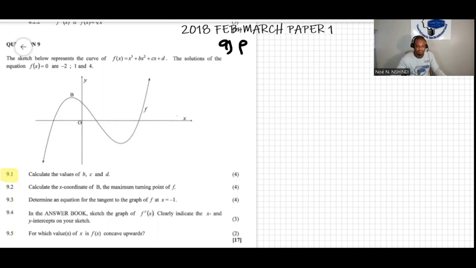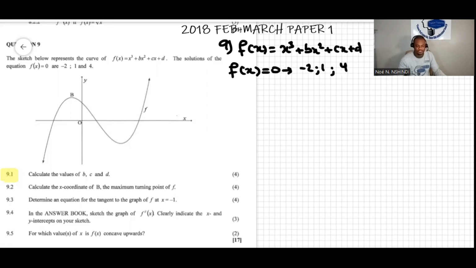Question 9, we have f of x given by x cubed plus bx squared plus cx plus d. And we also have the solutions of the equation, which means when f of x is equal to 0, are -2, 1, and 4.